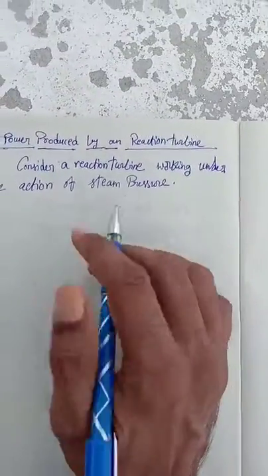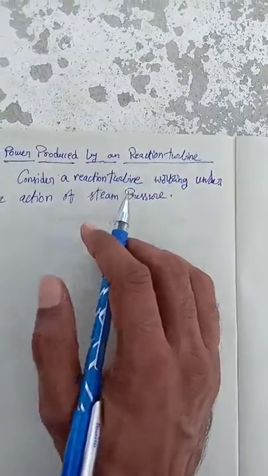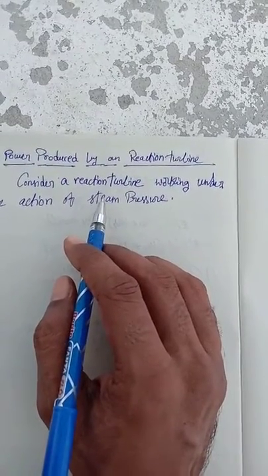So let us draw a combined velocity diagram for the reaction turbine.